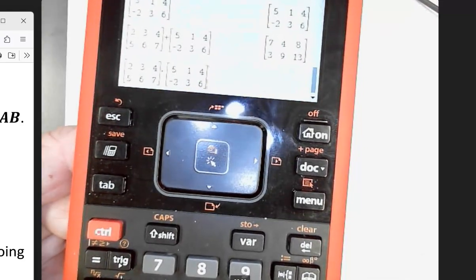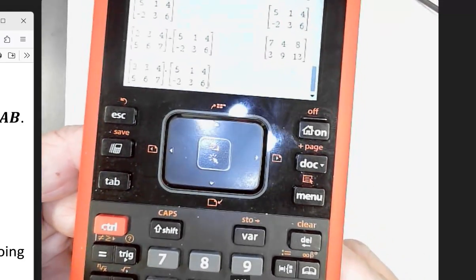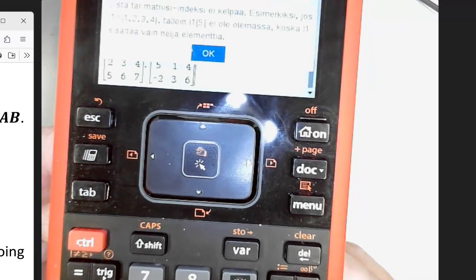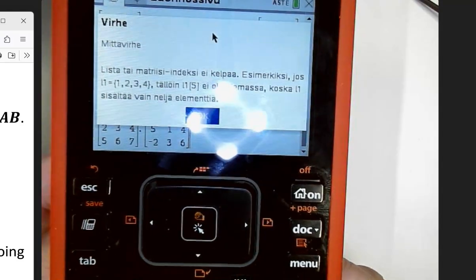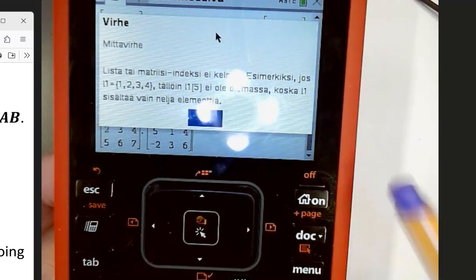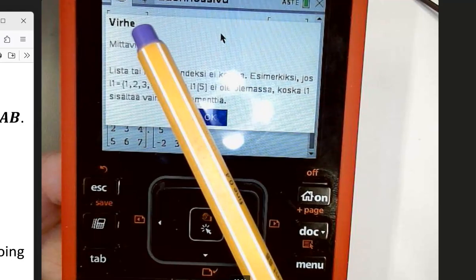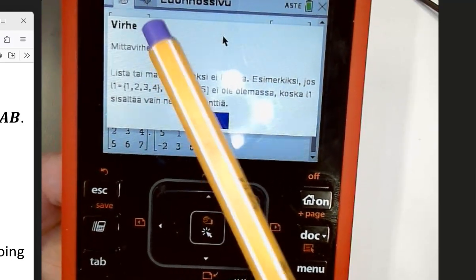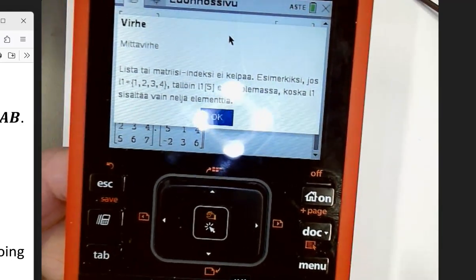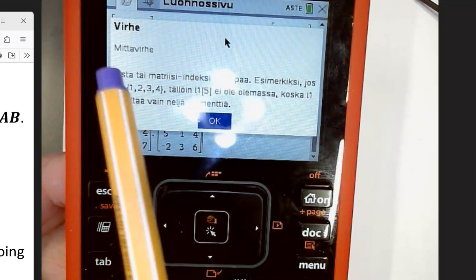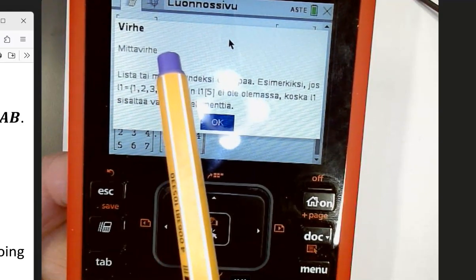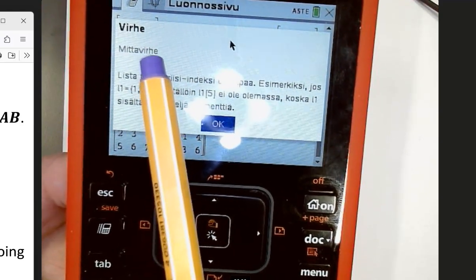But when I now try to get the result of this kind of multiplication from my calculator, I press enter now. It is a Finnish error message, but if I translate this, error is virhe, mittavirhe. I think this is not a correct translation. In an English calculator, it probably would have read dimension error.